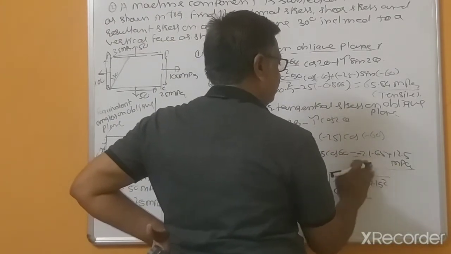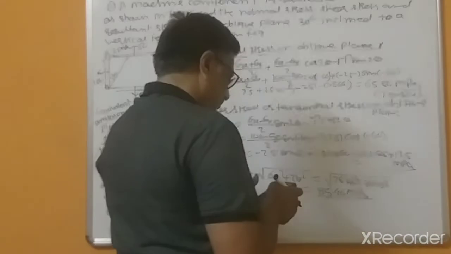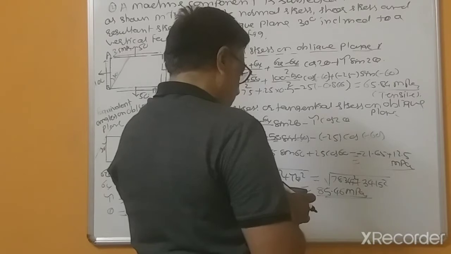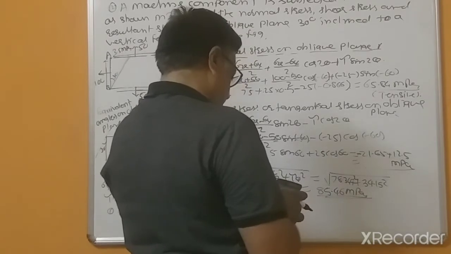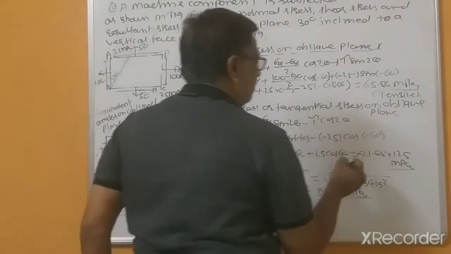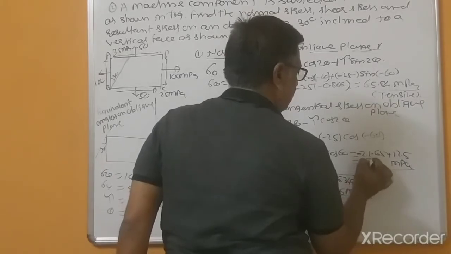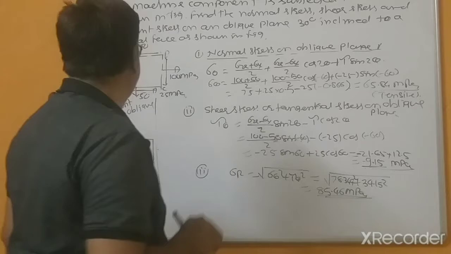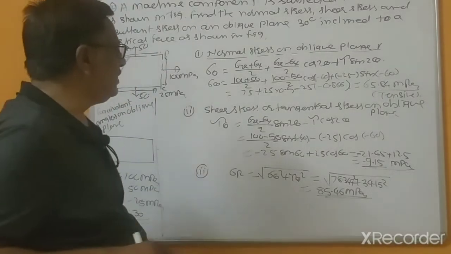Now this is 21.65 minus 12.5 minus 9.15. So in this case, this is minus 9.15.